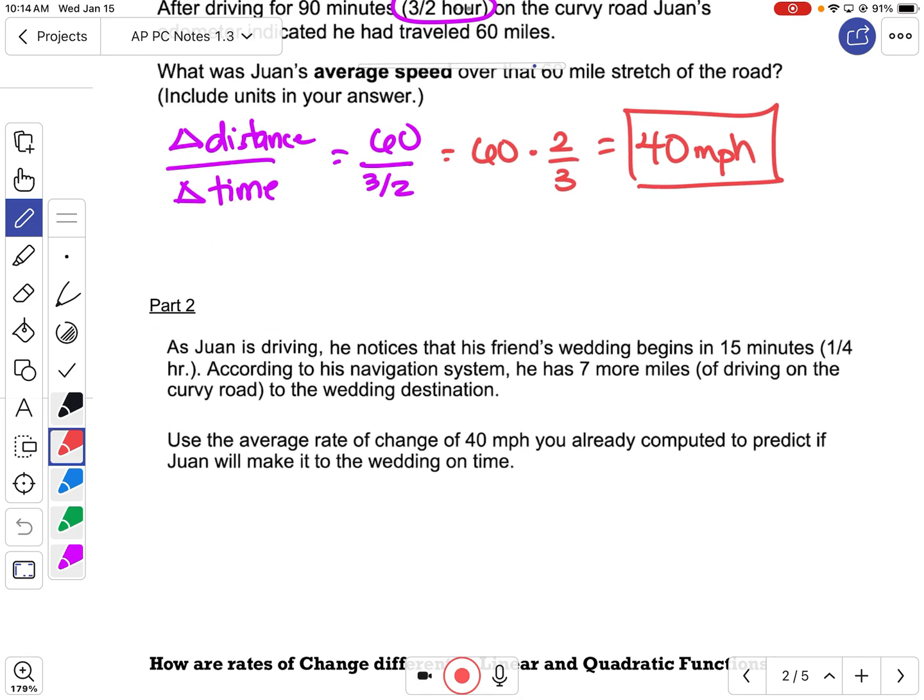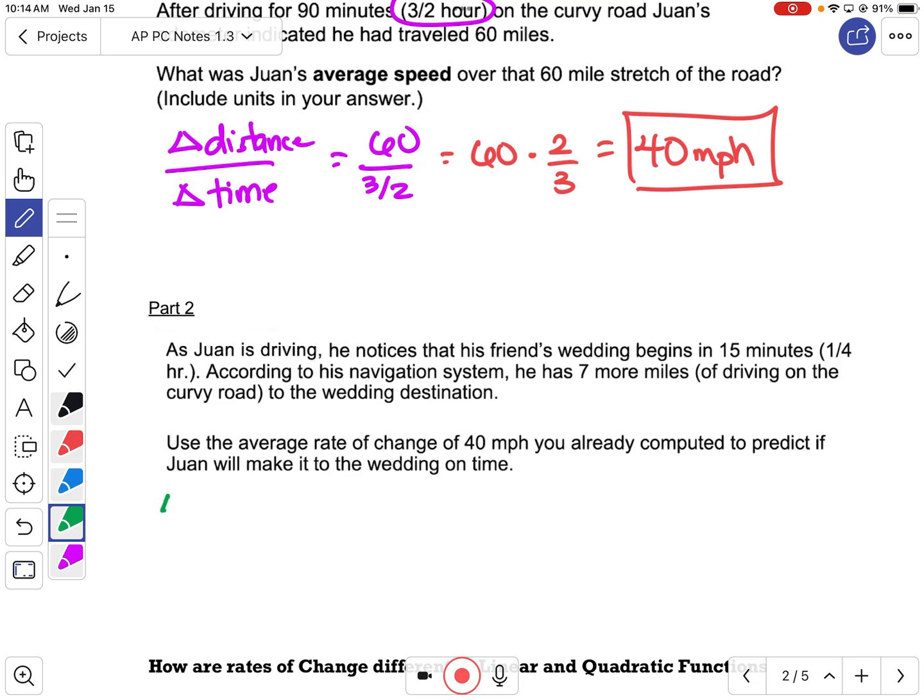So this time we know his rate. He's going 40 miles per hour. How much more time does he have, or when does the wedding begin? In how many more minutes? 15, which is how much of an hour? A fourth.